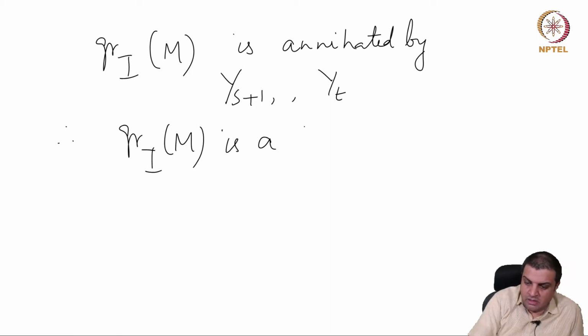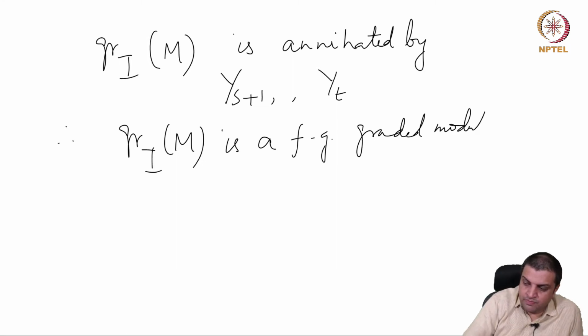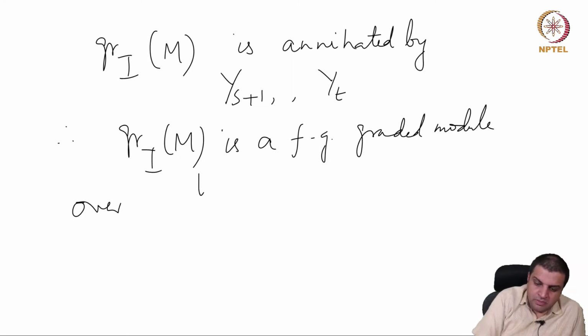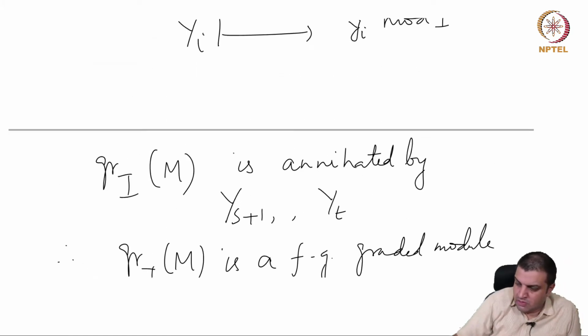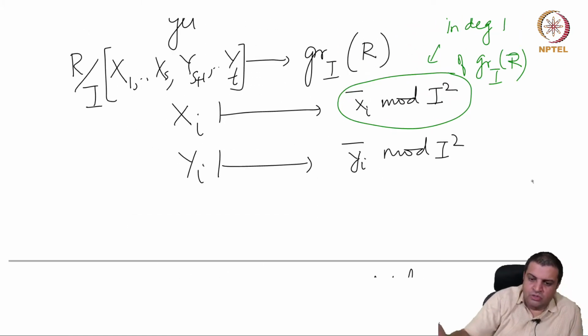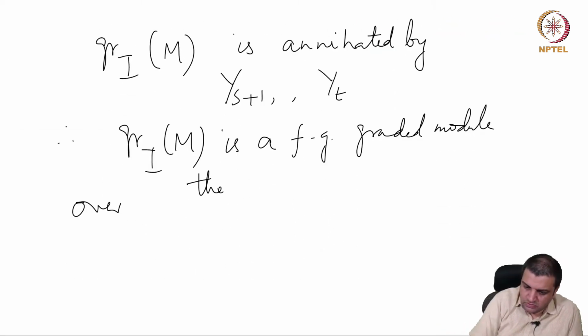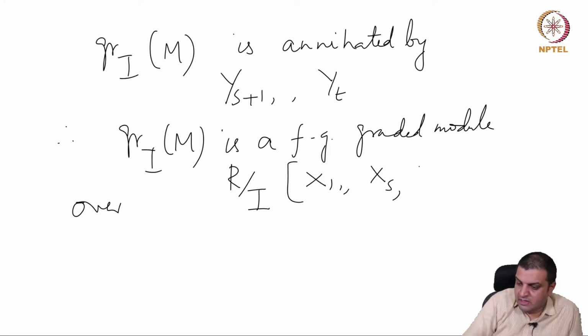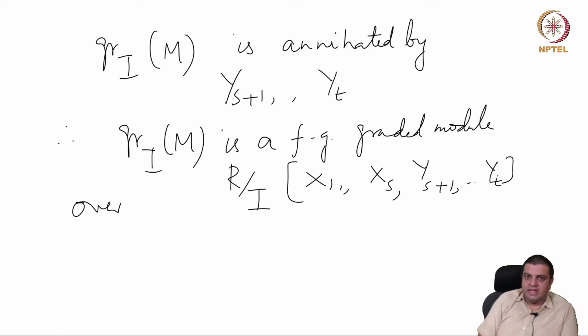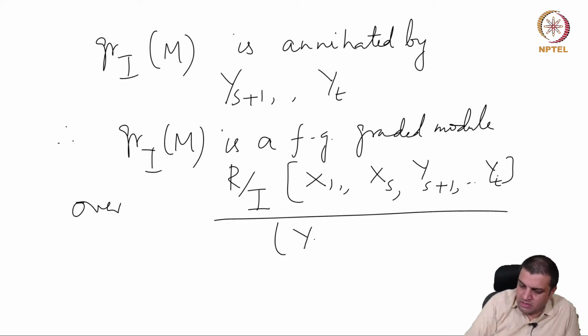Therefore, the associated graded module is a finitely generated graded module over the quotient ring, so this polynomial ring modulo the Y's, because they anyway kill it. Over R mod I adjoined with the X variables, the remaining Y variables Y(s+1) through Yt are killed.